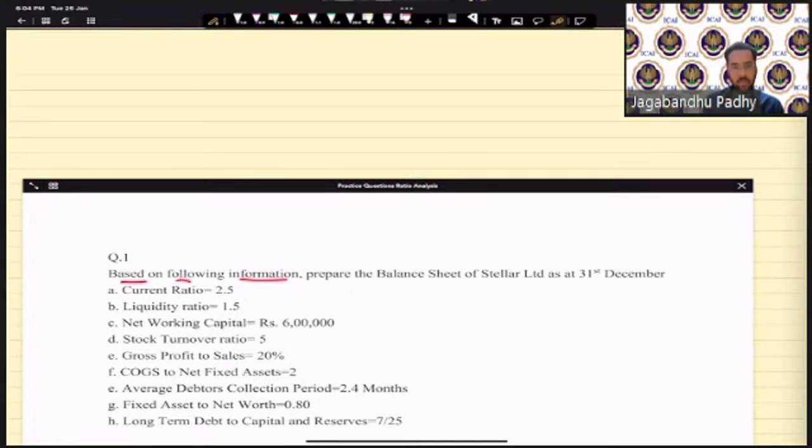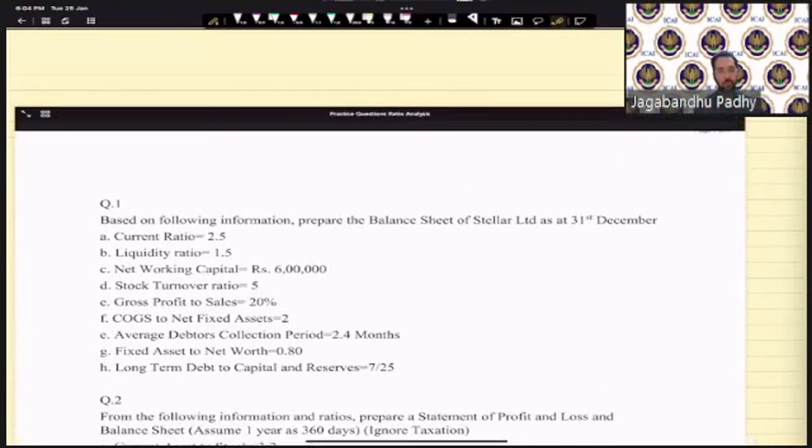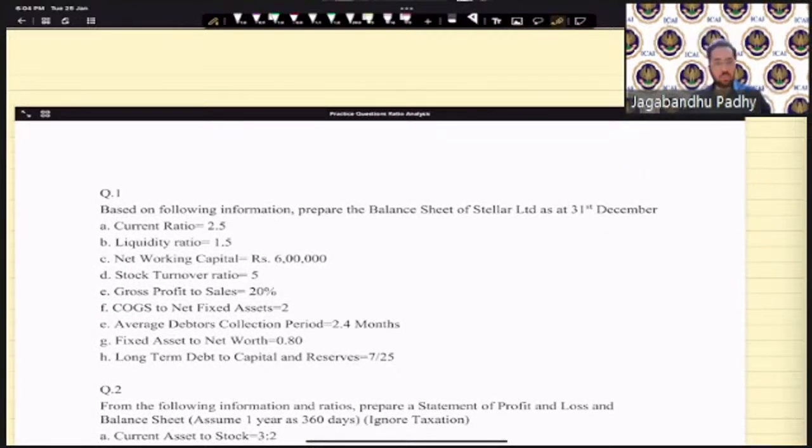Based on the following information, we have to prepare the balance sheet of Stellar Limited as at 31st December. Current ratio is 2.5, liquidity ratio is 1.5, net working capital is 6 lakh, stock turnover ratio is 5, gross profit to sales ratio is 20%, COGS to net fixed assets is 2, average debtors collection period is 2.4 months, and fixed assets to net worth is 0.8.